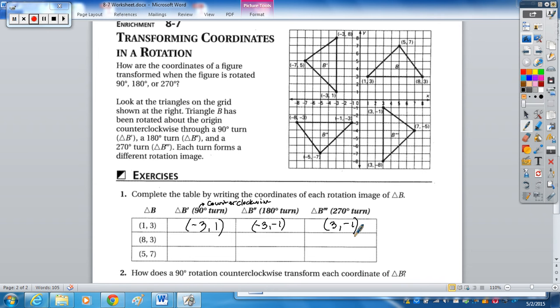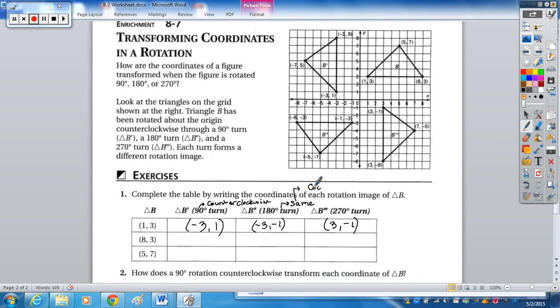Actually, let me make one other comment before you do that. We said this was a 90 degree turn counterclockwise, so against the clock. This is a 180 degree turn counterclockwise, but it also would be a 180 degree turn clockwise. So I'm going to make a note here that this would be the same, and maybe another note up here.